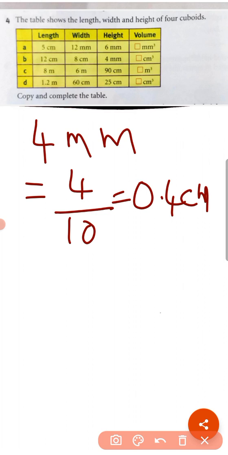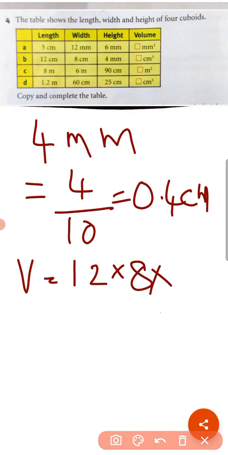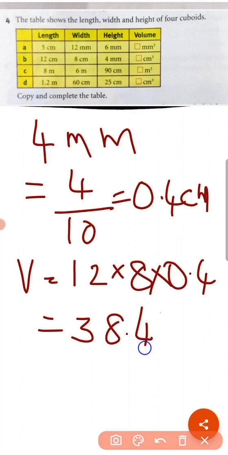Now we have to find the volume. Volume is equal to length 12 into 8 into 0.4, which is equal to 38.4 centimeter cube.